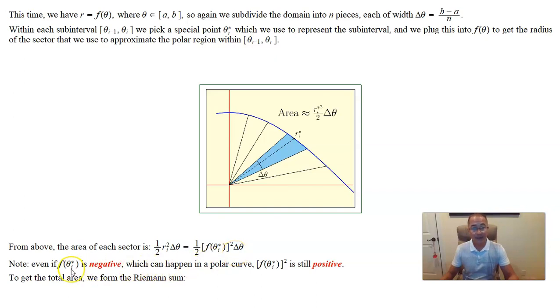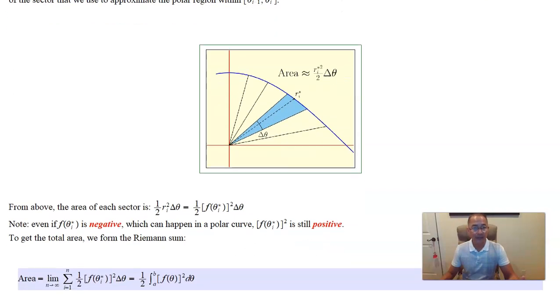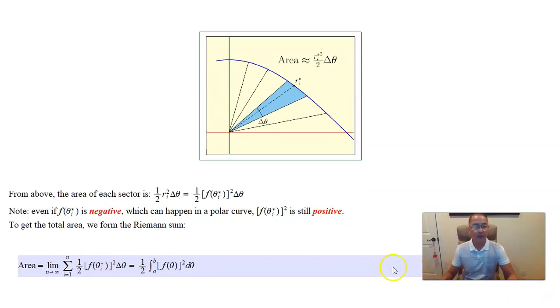And even if your r is negative, remember in polar coordinates, when we do the loop-de-loop, those r's are probably negative. When we square that though, it's still going to be positive. So there we go. We're going to take these areas, form the Riemann sum, and take the limit as the number of subintervals goes to infinity.